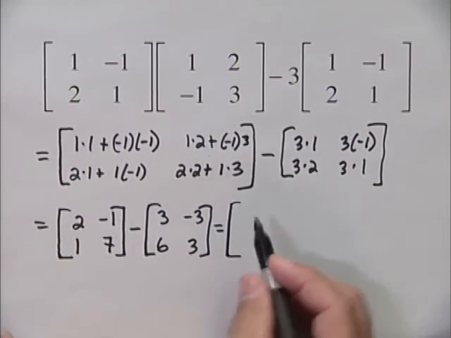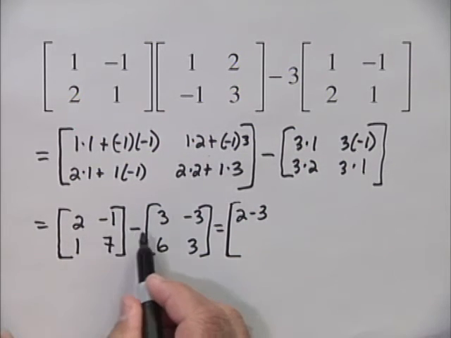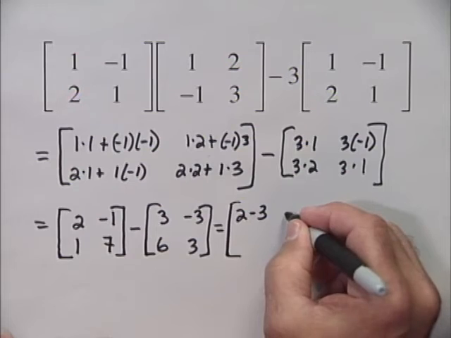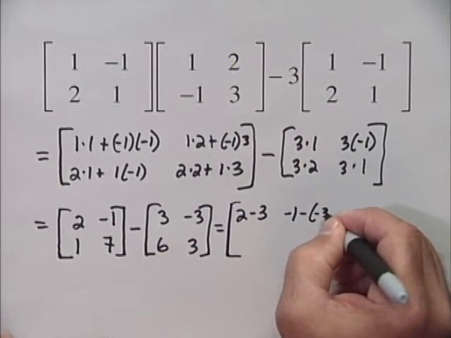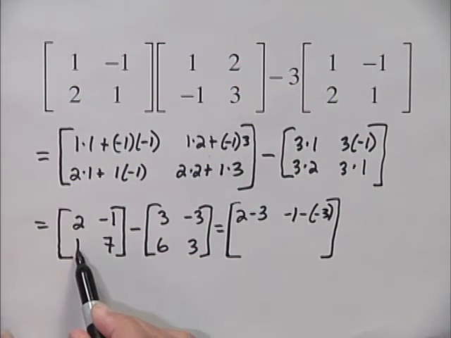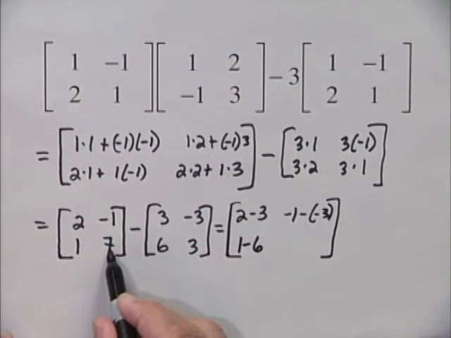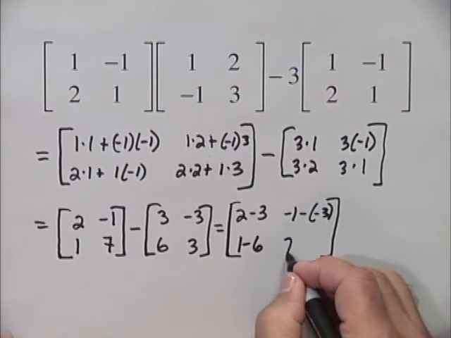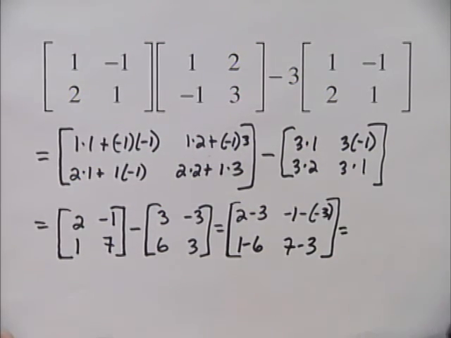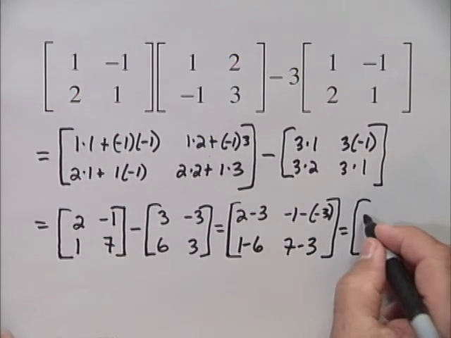2 minus 3. Negative 1 minus a negative 3. 1 minus 6. 7 minus 3. And so we have 2 minus 3, negative 1.